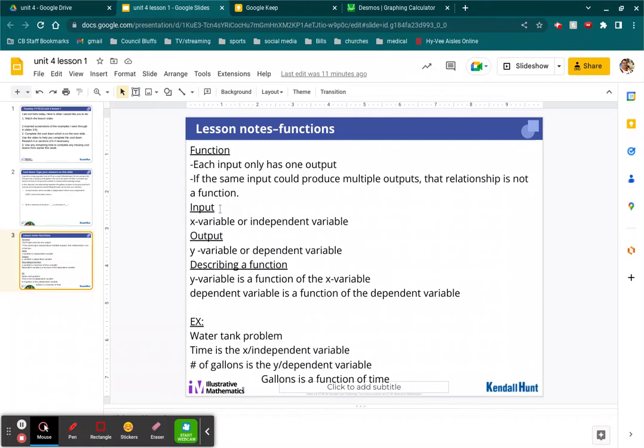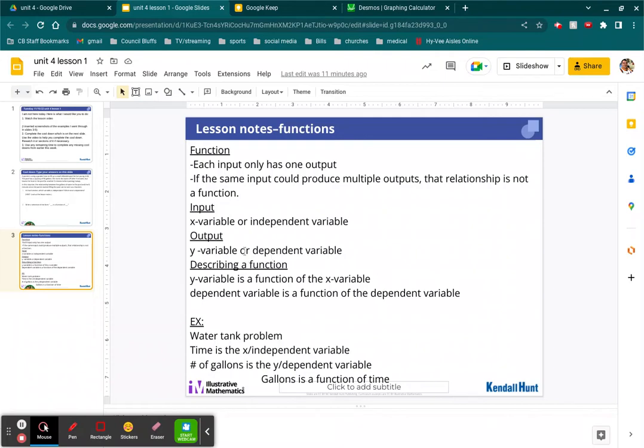Now, you're going to hear me say input and output a lot. An input is whatever the x variable is. The output is the y variable. In the case of this unit, the x variable is also referred to as the independent variable, and the y variable is also described as the dependent variable.